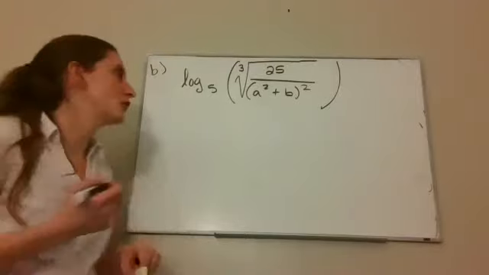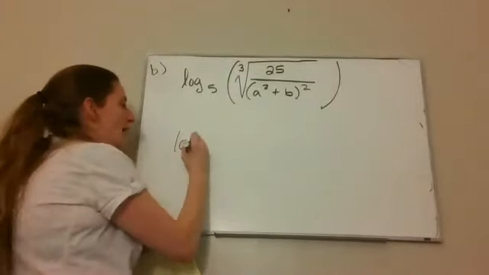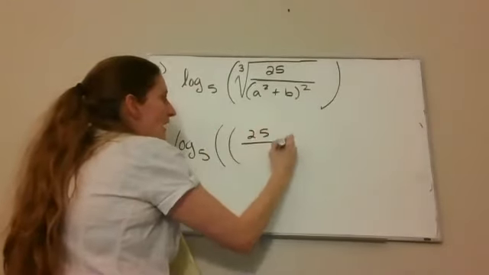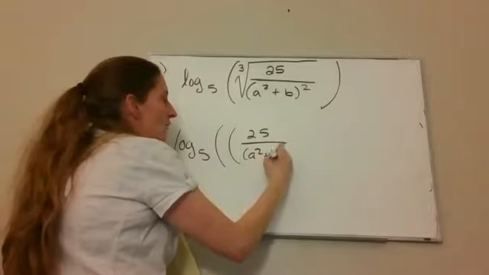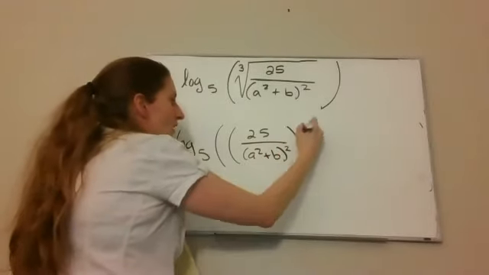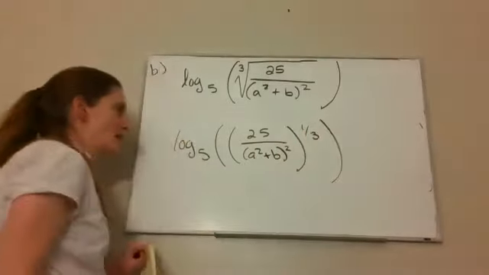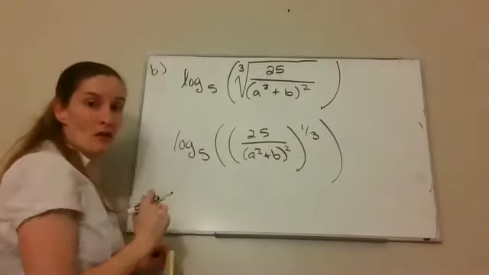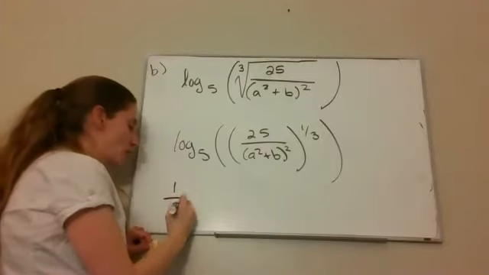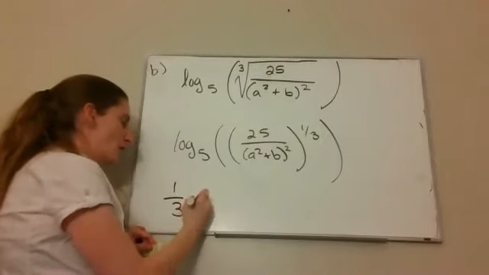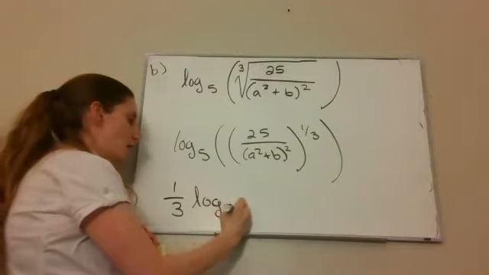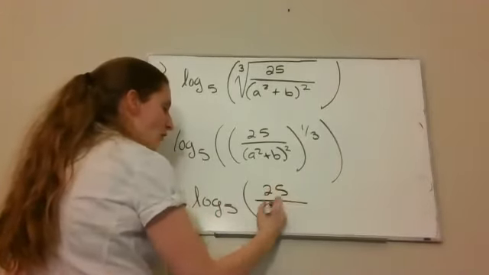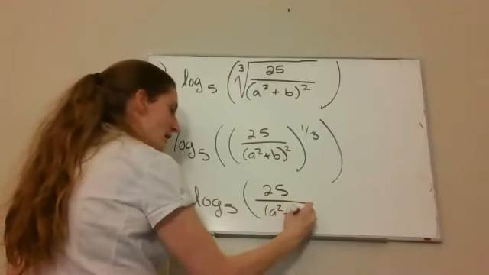So I'm going to first write this as 25 over a squared plus b squared, all to the 1/3. And now I can bring that 1/3 power in the front using that very last property of logarithms. 1/3 times log base 5 of 25 over a squared plus b squared.